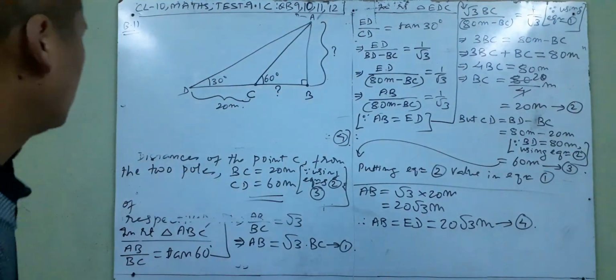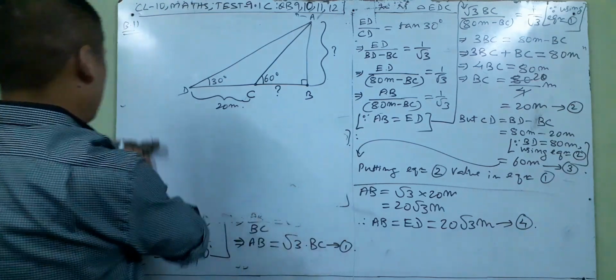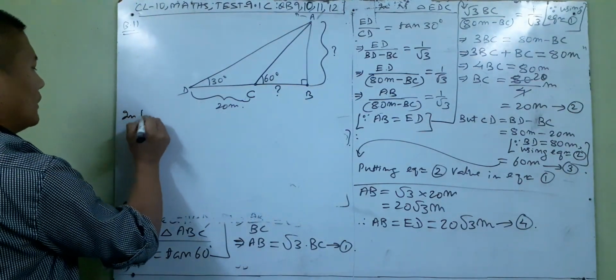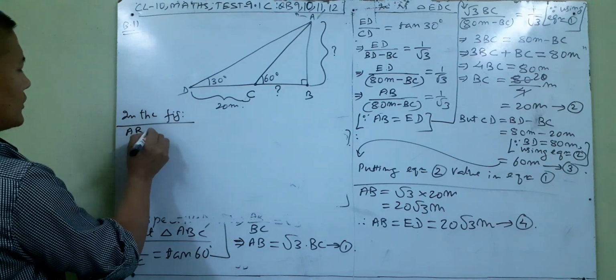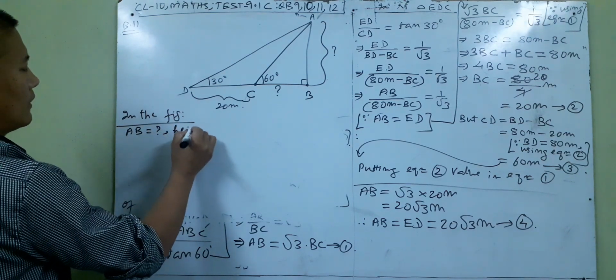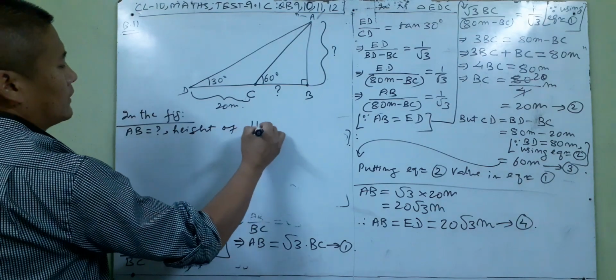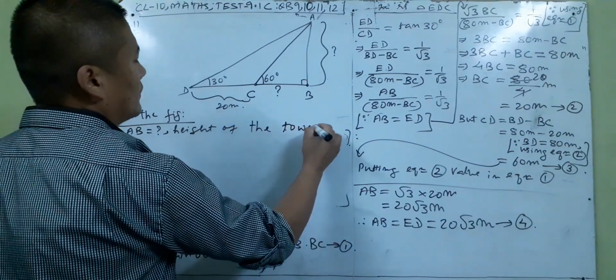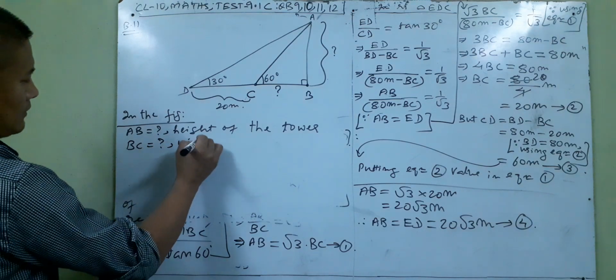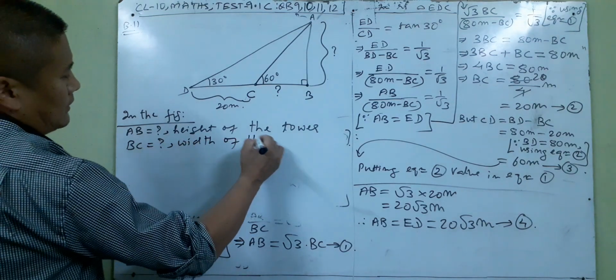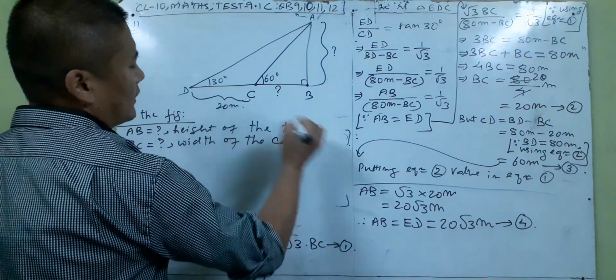Okay, so here, let us write down in the figure that we have drawn just now. We have AB equal to question mark, the height of the tower. And then BC is also question mark, the width of the canal, the big nala or artificial river.